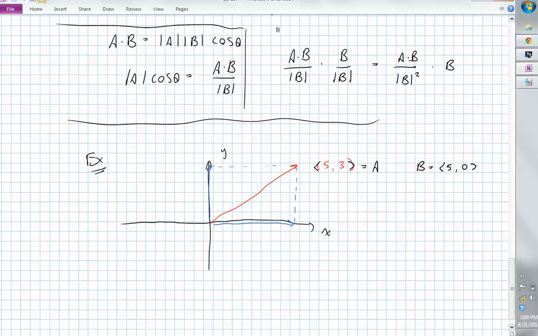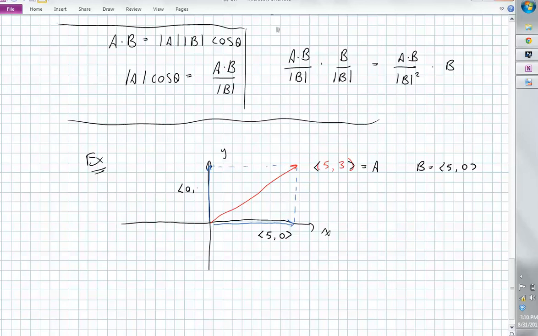So what I want to do is find the projection of A onto B. We know the answer. What's the answer? 5, 0, right? It's the vector 5, 0. And if we were to do this in the vertical direction, we know that answer too, right? 0, 3.